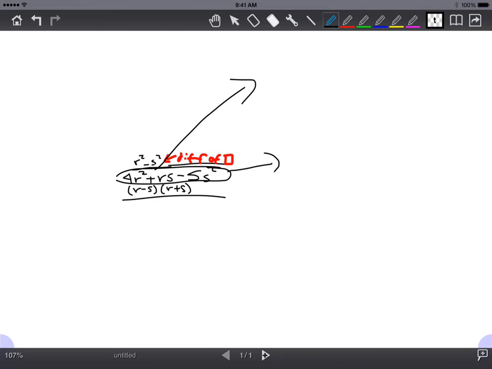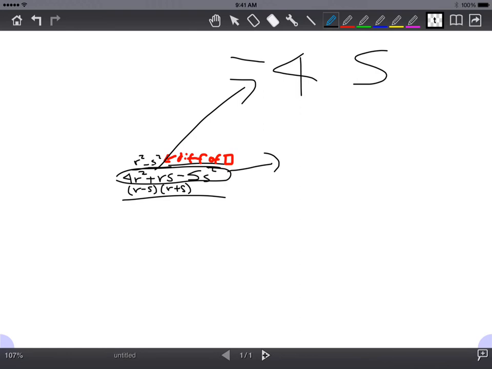So the two immediate numbers that come to my mind are 4 and 5, because we can have a negative 4 and a positive 5. When we add the two, we get 1, and when we multiply the two, we get negative 20.